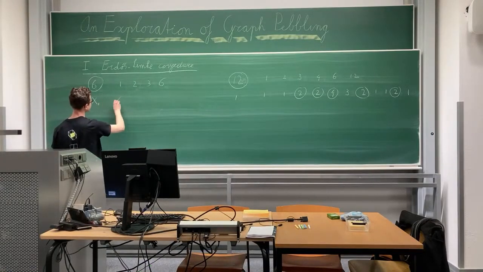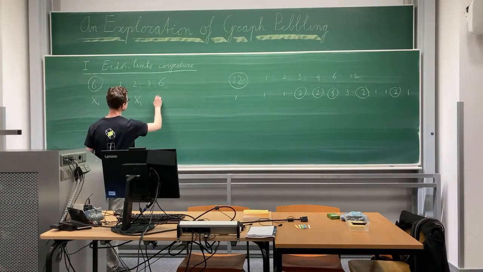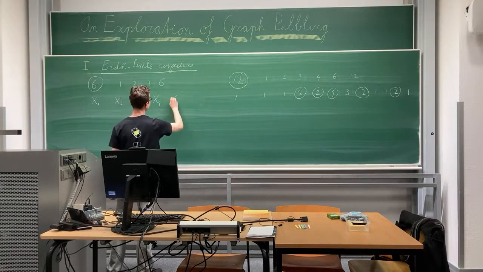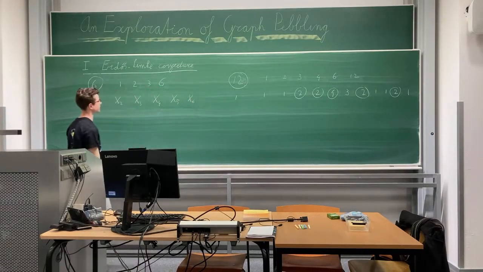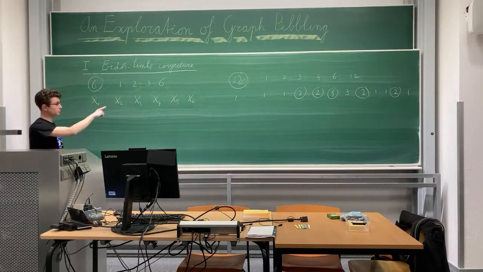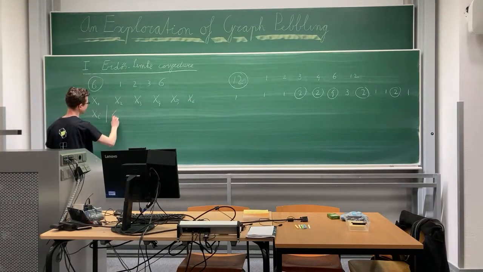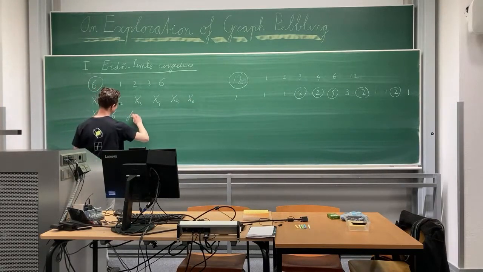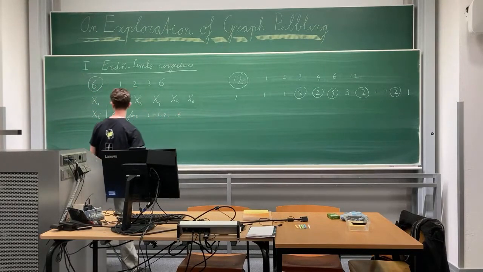So we have the first x, the second one, the third one, x3, x4, x5, and x6. And what I said before is they all have to be divisors of 6. So we add the requirement that xi divides 6 for i is 1, 2, or any number up to 6.